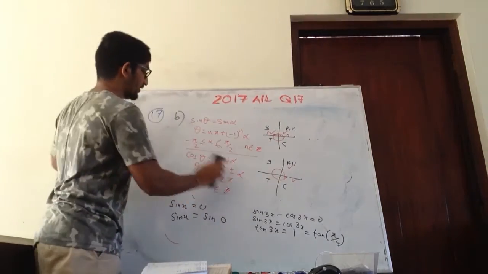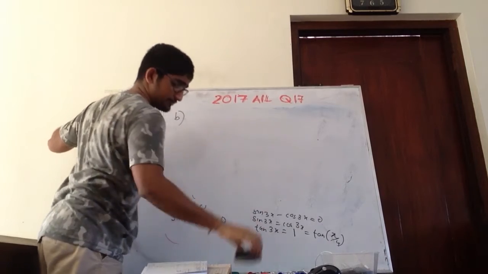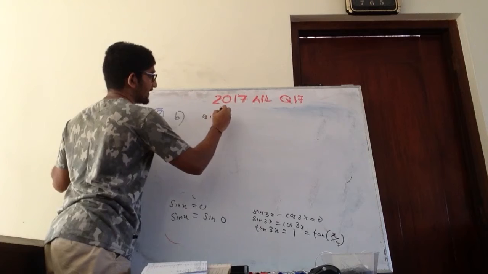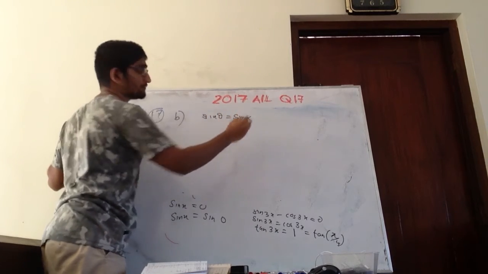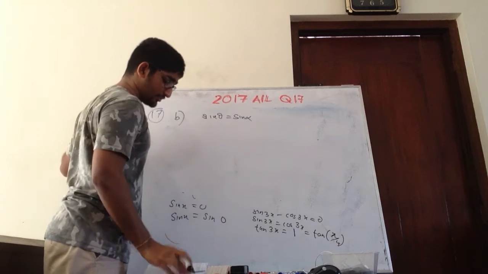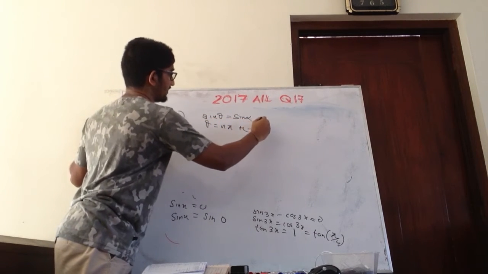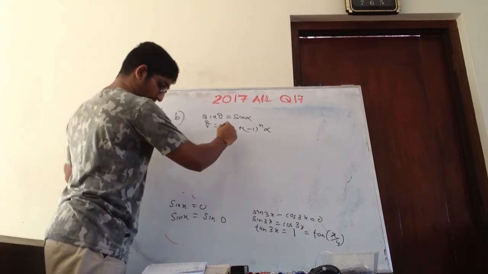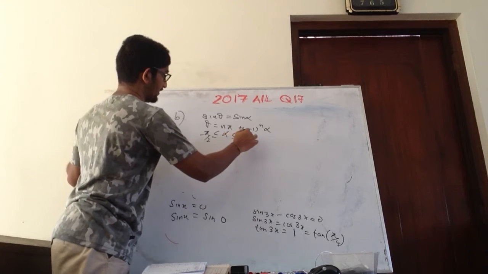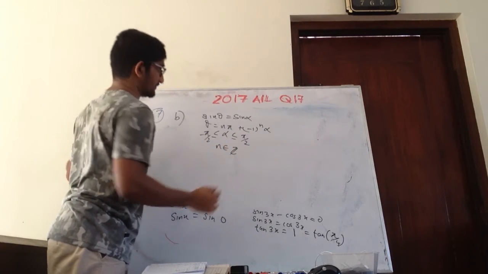Right, so if I write this down, if sin theta equals sin alpha, the general solution will be theta equals n pi plus minus 1 to the power n alpha, where alpha is between minus pi over 2 and pi over 2 and n is an integer.